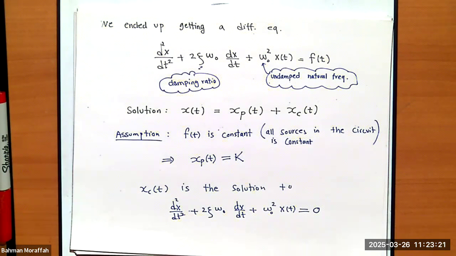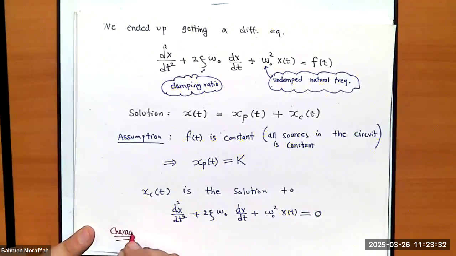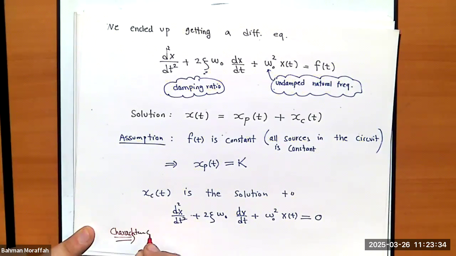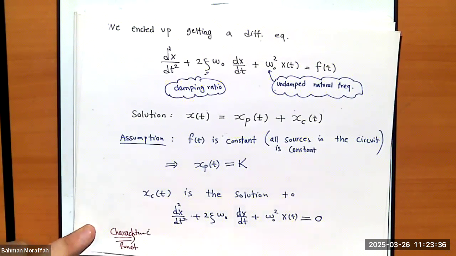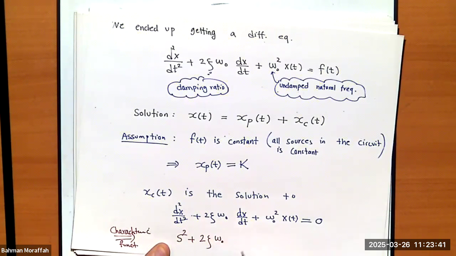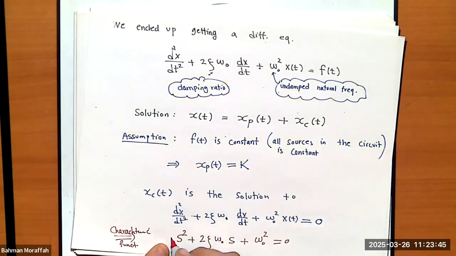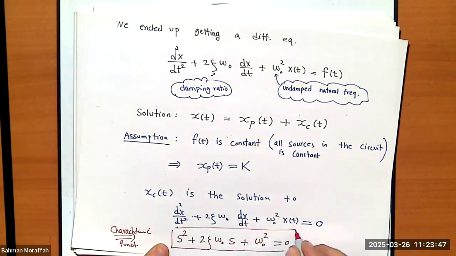We also said to be able to solve this differential equation, we need to know the characteristic function. So the characteristic function here is s squared plus 2c omega naught s plus omega naught squared equals 0.